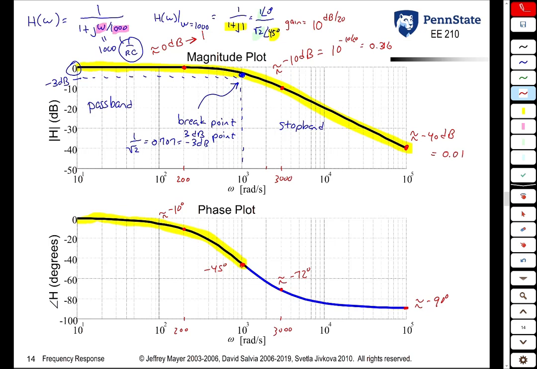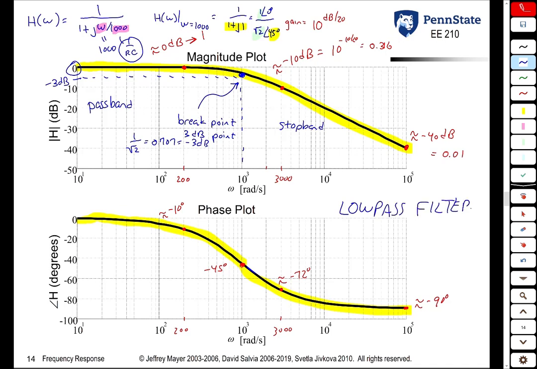By the time you get to really, really large frequencies, we see a denominator angle that's close to 90 degrees. 1 plus j 1,000, for example, has an angle very close to 90 degrees. When you subtract that from 0, you're going to get negative 90 degrees, and that's exactly what we see happening here. So this example is what is called a low-pass filter.